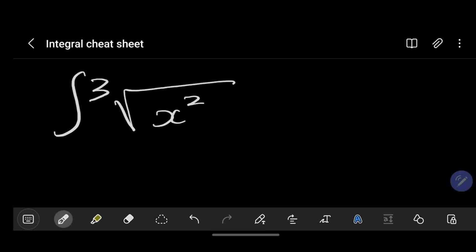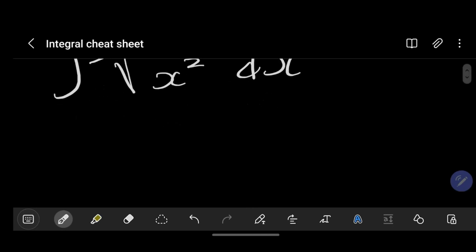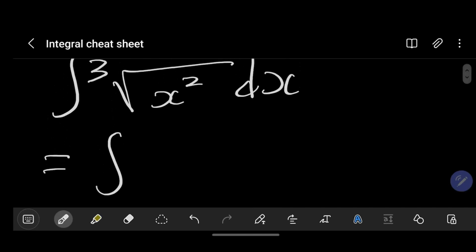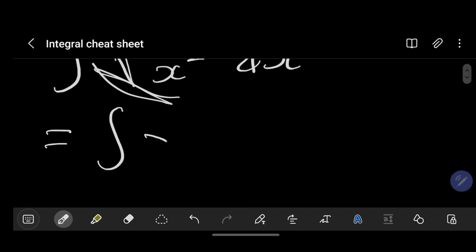Let's look at another one. Let's say we have the integral of the cube root of x squared dx. Okay, so this is now equal to the integral of, let's rewrite this once again. So that can be rewritten as x raised to 2 by 3 dx.